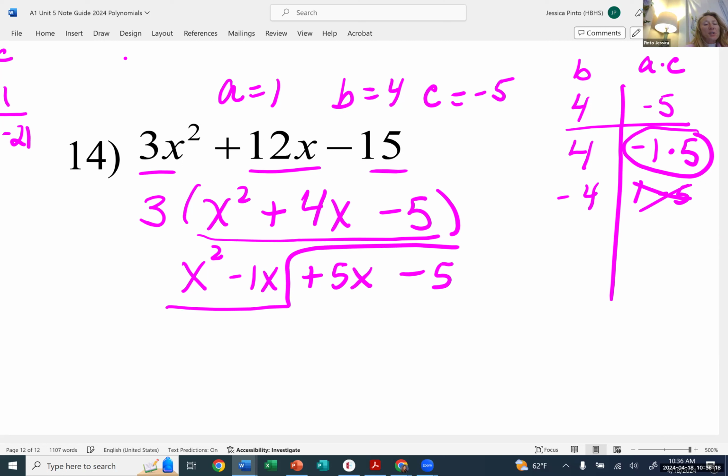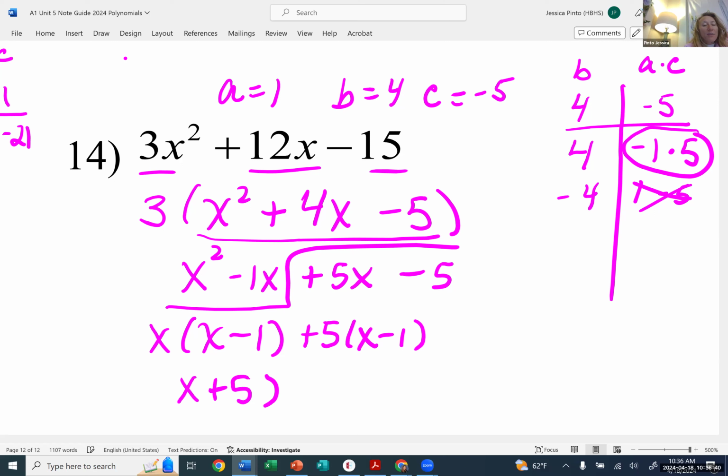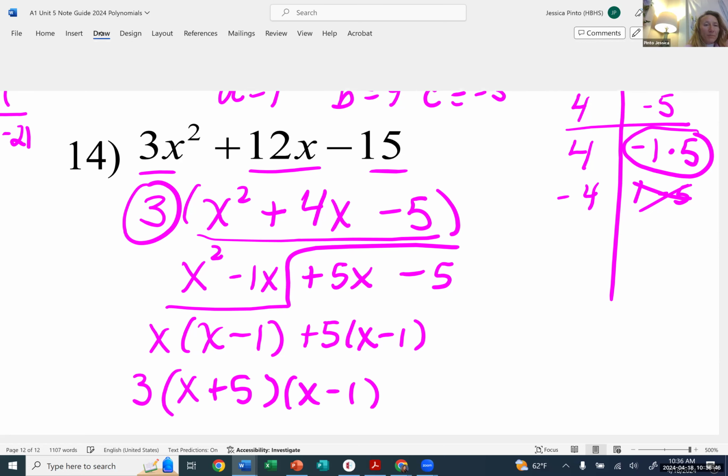What's common in the first two is the letter x. Then I have x minus 1 left. I can very clearly see a 5 common in both of these, so that makes me feel good. It's a positive 5, so we start with a plus sign. That gives me x minus 1 again. Then I put this together as x plus 5, x minus 1, and the 3 from the beginning comes down. This is the final answer.